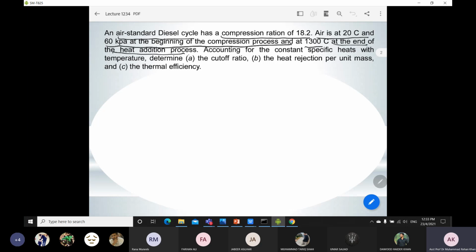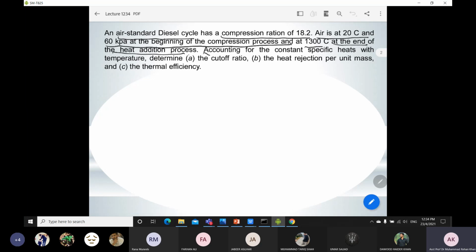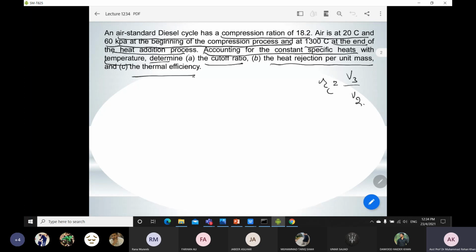It means that your temperature at point number 3 is also given. Account for the constant specific heat with temperature. Determine the cutoff ratio. So here we have to find RC, which is the ratio of the volume at your cutoff point to your minimum volume, which is the volume at your TDC. Then the heat rejection per unit mass and thermal efficiency.